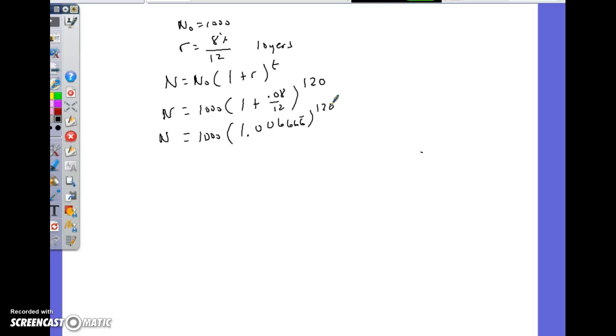Is modern technology wonderful? I got N equals 1,000 times 2.21964, etc., and you get N equals 2219.64, and that's how much money you have after you get 8% interest for 10 years and you start with $1,000. Fair enough?